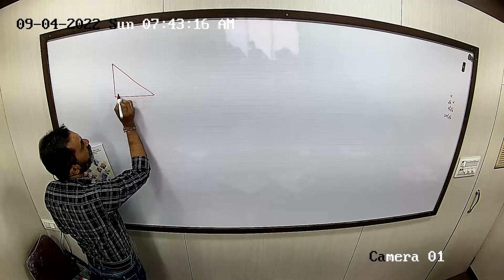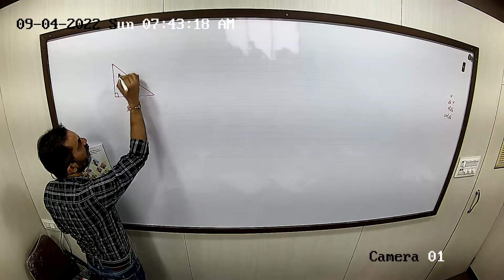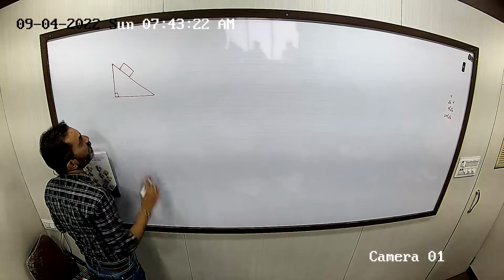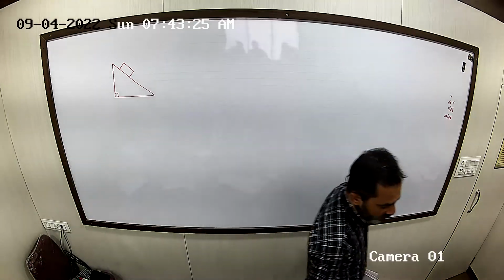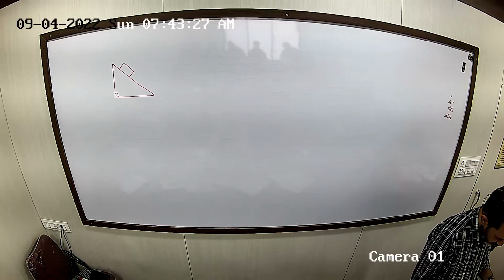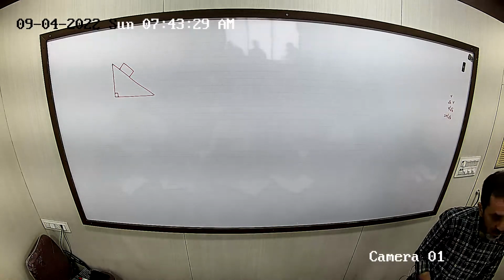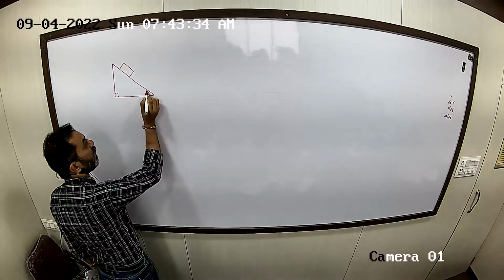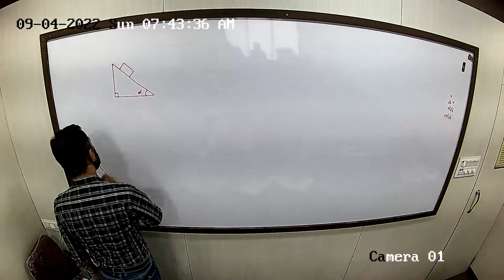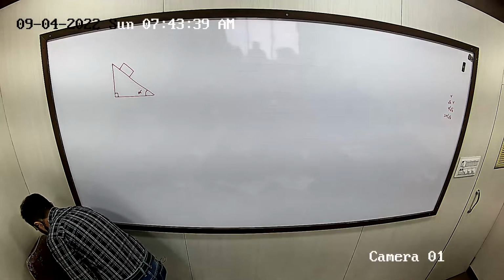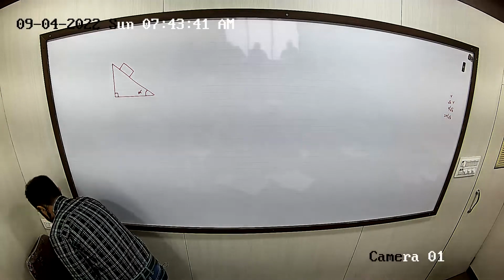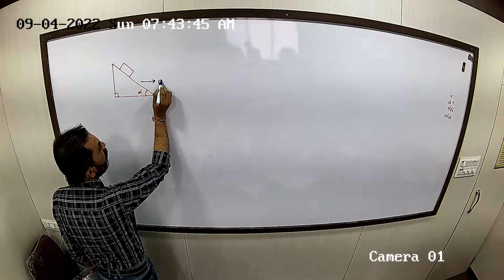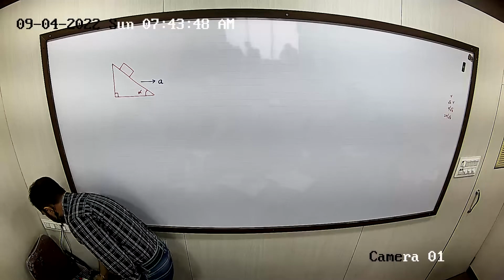Second question. Please write down. I will draw this diagram. Right. A block is kept on the inclined surface. This is a nice question.